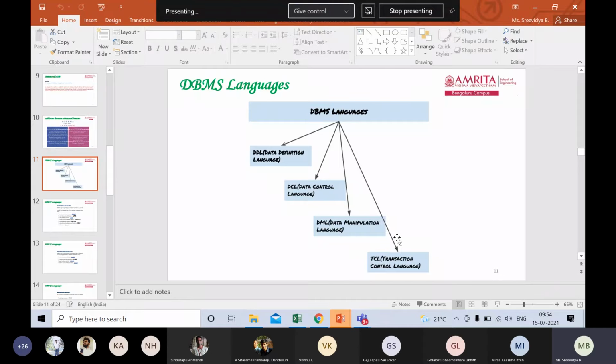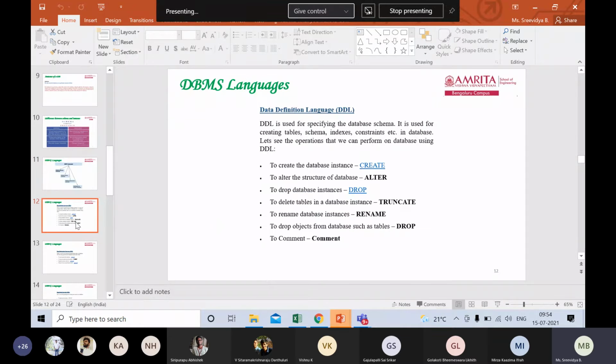And then you have TCL, which is transaction control language, associated with saving your transaction or going back, rolling back. Why we require rollback and commit is for the reason that a database has an inherent property known as atomicity. That's the reason why we have this transaction control language.